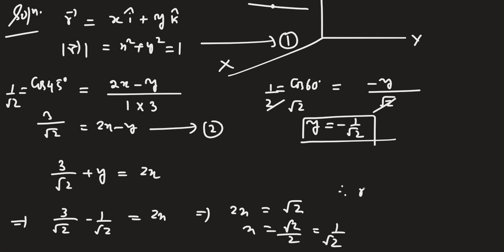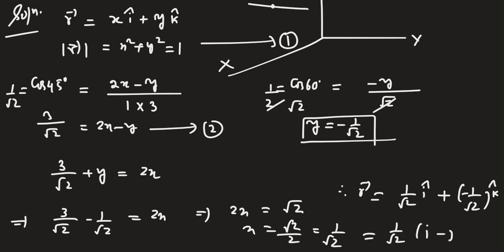So therefore our required vector has x as 1 by root 2 i and k is minus 1 by root 2 k cap. If you want, you can take 1 by root 2 common: i minus k cap.